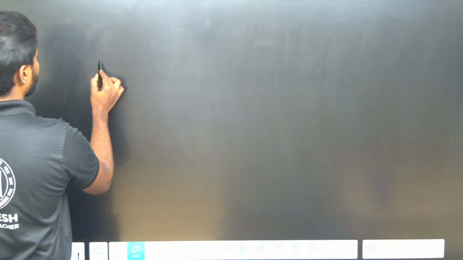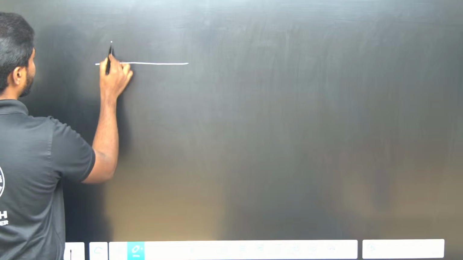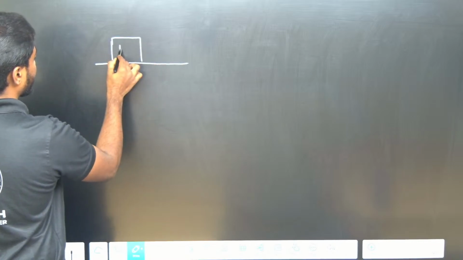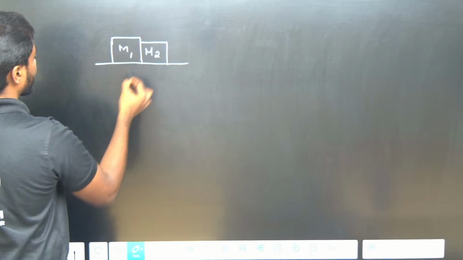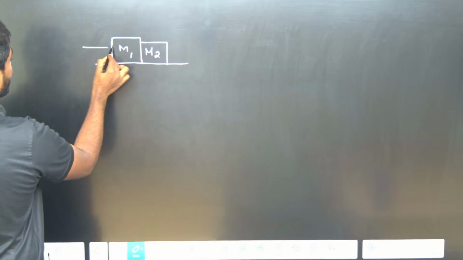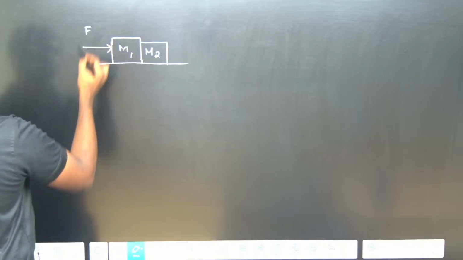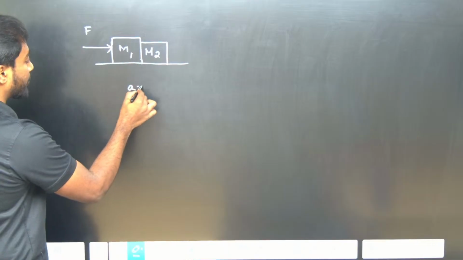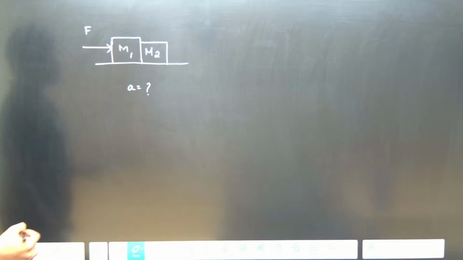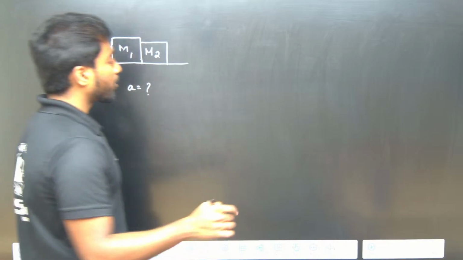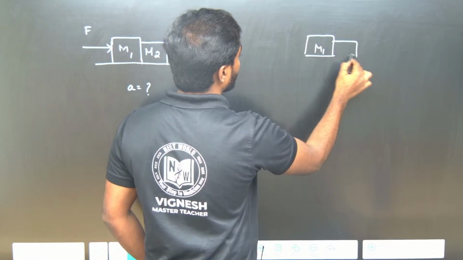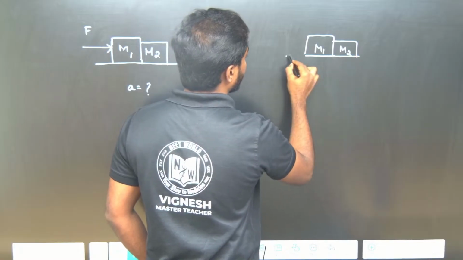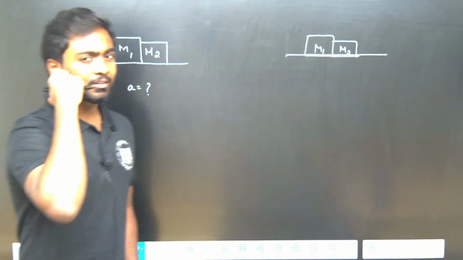Yes. Now for example, let me take an object of mass m1 and another object of mass m2. Now suppose a force has been applied on mass m1. What is the acceleration of the blocks? In the earlier cases we have seen that m1 was there and m2 also was there, and they were kept on a surface, right?